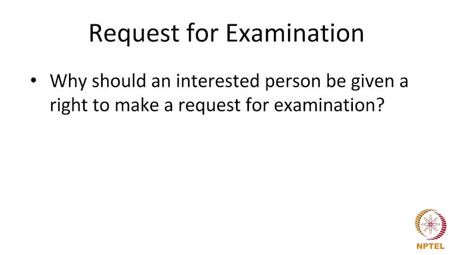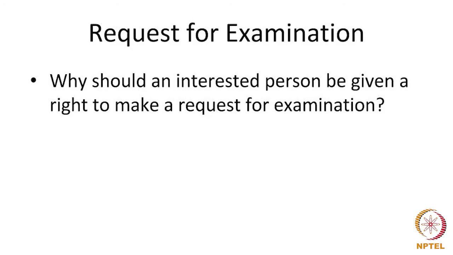Now, a person interested is clearly defined as a person who has a competing interest, who is interested in the invention, and it is defined as a person who is engaged in or is in promoting research in the same field to which the invention relates.